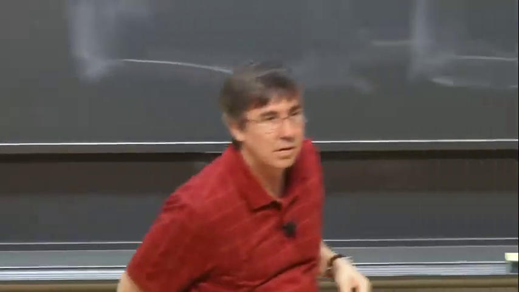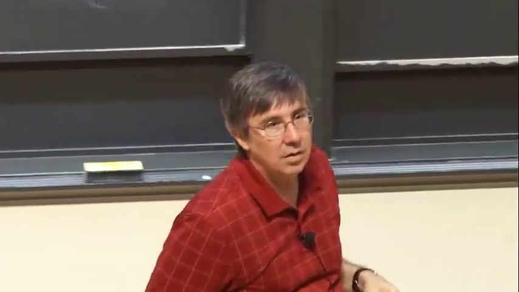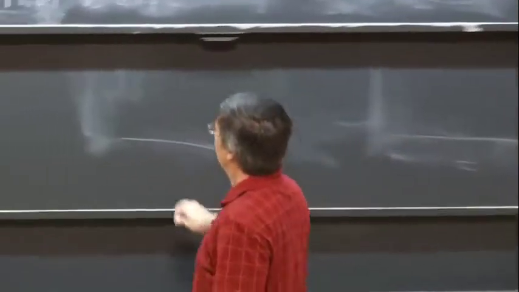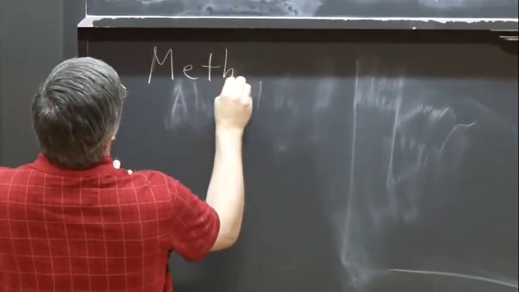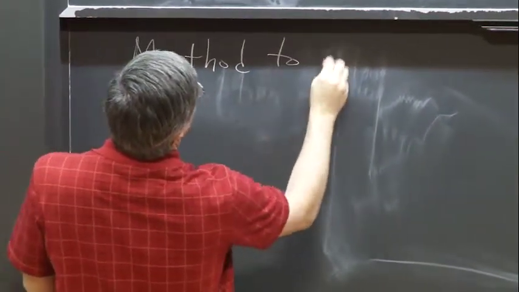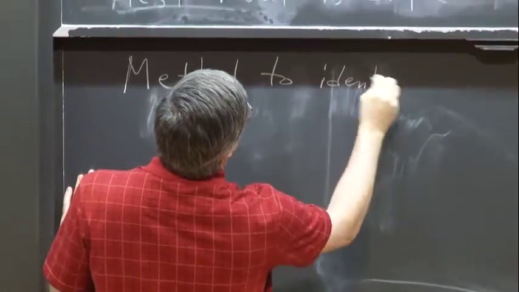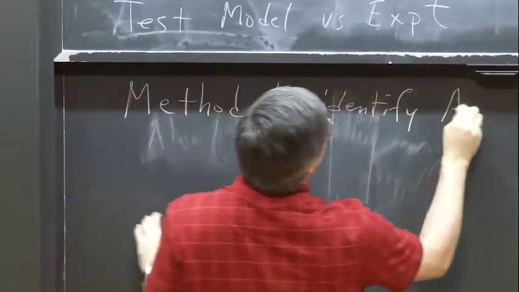We have all the reactants and all the products, so maybe we have to find some way to find some other new reactions too. Okay, so you need a method to identify additional reactions.